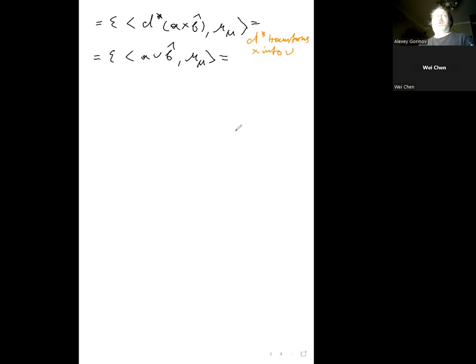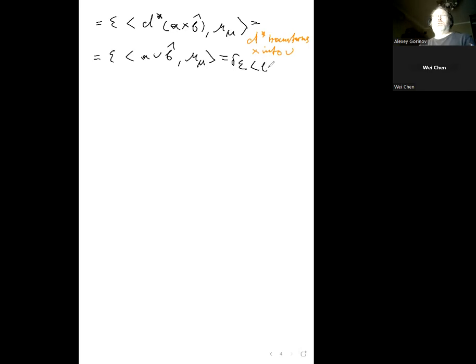Okay, and the result is almost the same as what we get when we define the two bases.